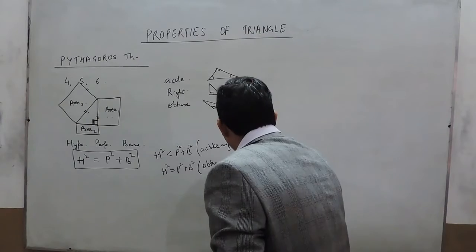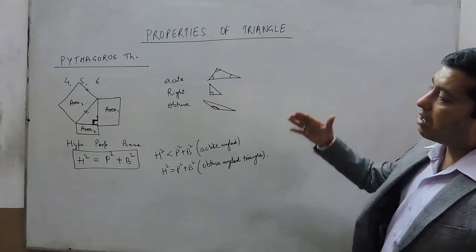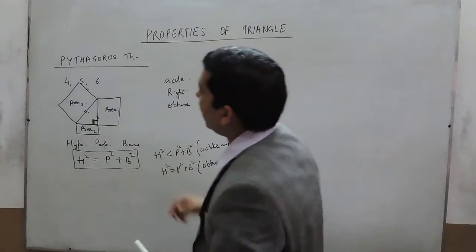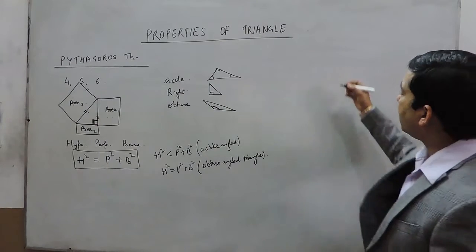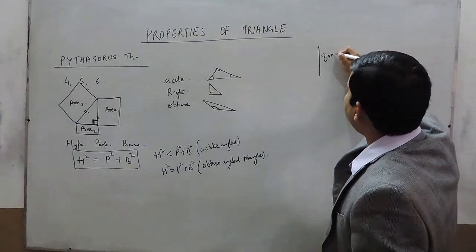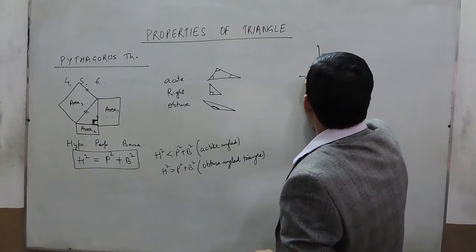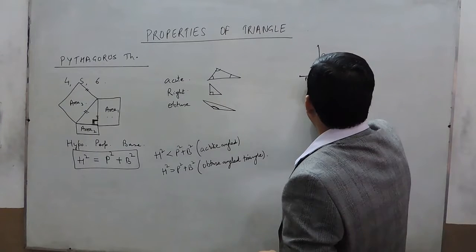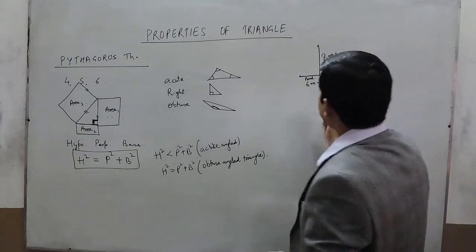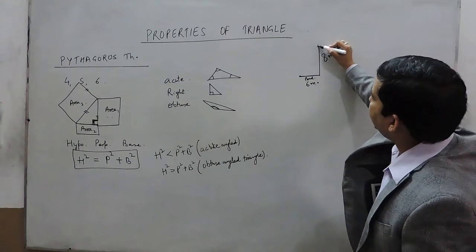Now there are various day-to-day situations where we want to use our Pythagoras theorem. Suppose we take an example that there is a wall of height 8 meters and side by side there is a pond with a breadth of 6 meters, and we have to go from this place to this place.